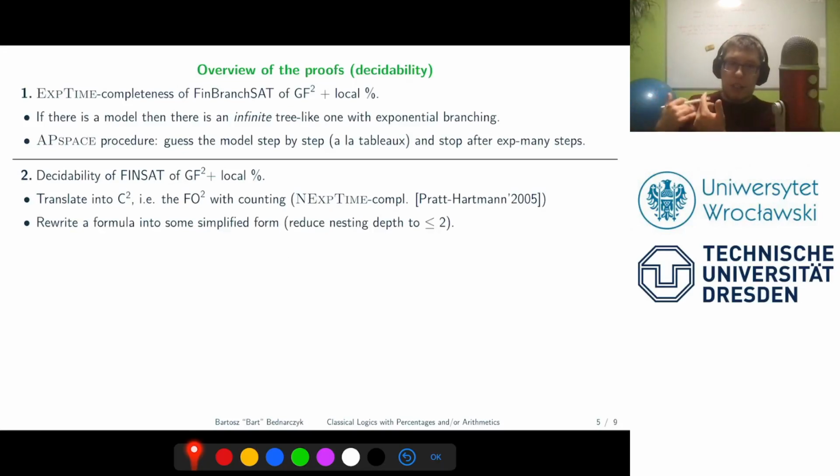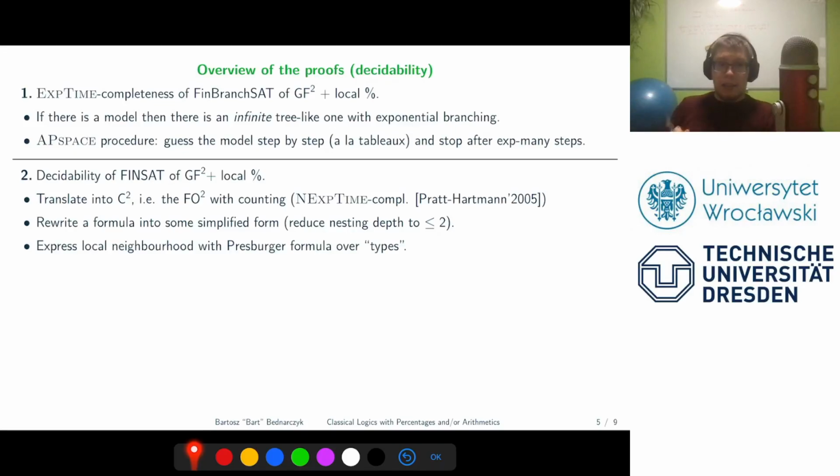Then we first simplify our formula a bit. We get rid of nested quantifiers, so we basically reduce nesting up to 2. And then we express local constraints that we have on the elements in terms of Presburger formulas over types. So we have a suitable notion of type, then we describe everything with a Presburger formula, and we use a famous theorem stating that vectors satisfying Presburger formulas are exactly semilinear sets, and we can describe semilinear sets in C2.